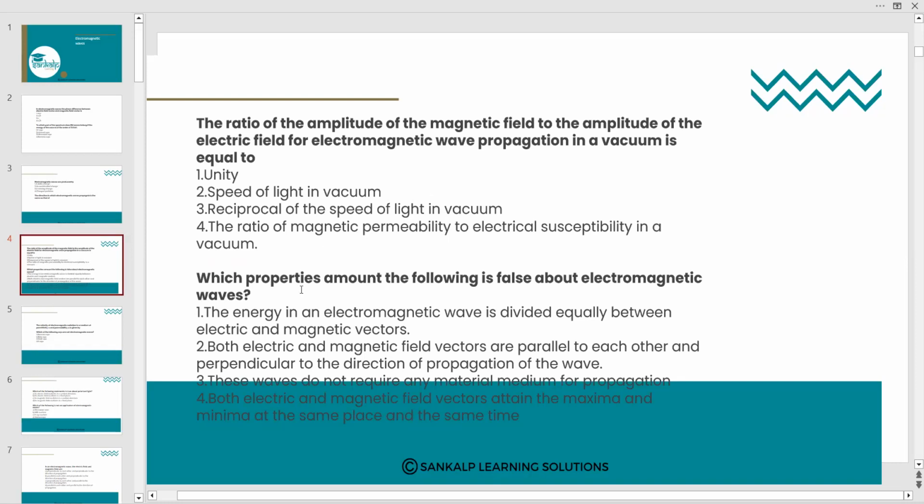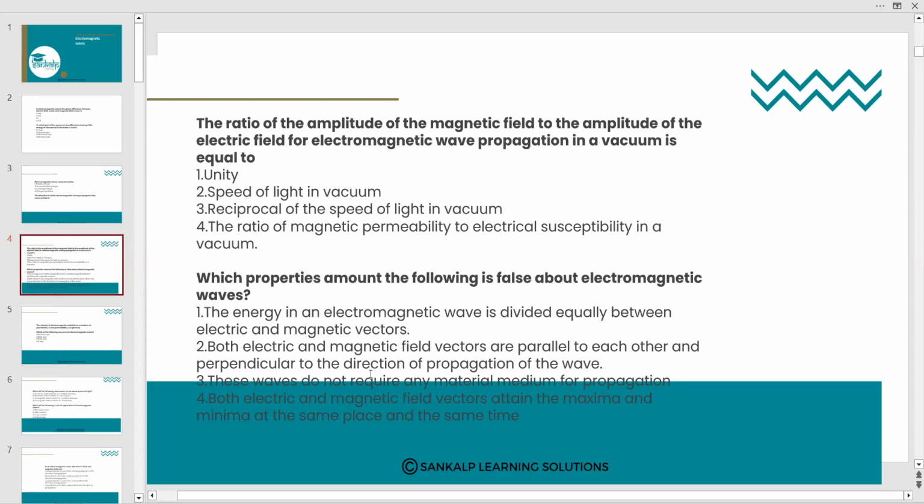The next question. Which property among the following is false about electromagnetic waves? Option A, the energy in an electromagnetic wave is divided equally between the electric and the magnetic vectors. Option B, both electric and magnetic field vectors are parallel to each other and perpendicular to the direction of propagation of the wave.